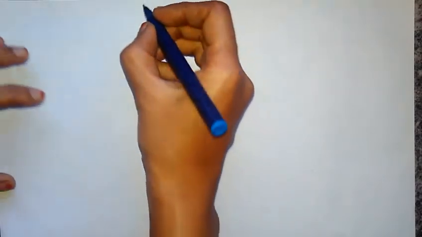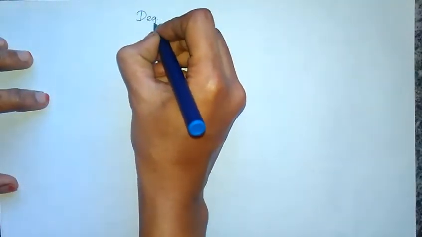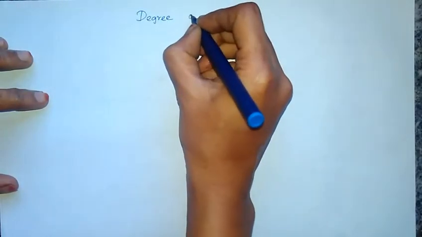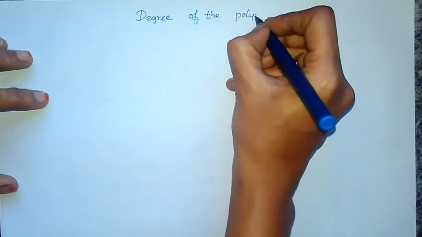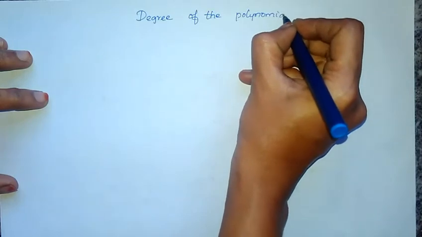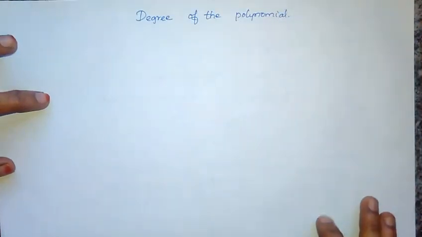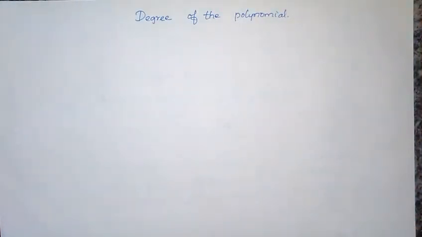Now, degree of the polynomial. The highest power of the variable in a polynomial is the degree of the polynomial.